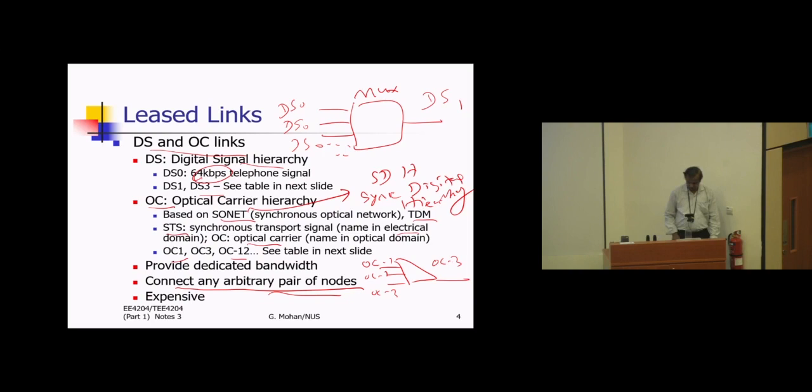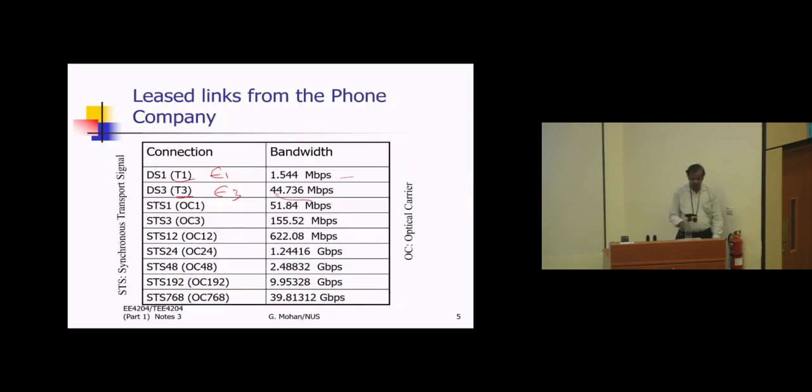These are the bandwidths associated with every link. OC1 is 51.84, OC3 is 155.52. You need to memorize these. There is no OC2, there is no OC4, 5, 6 and so on. Then we jump to OC12, 622. Then very recently, commercially, we have about a 40 Gbps link, which we call OC768.